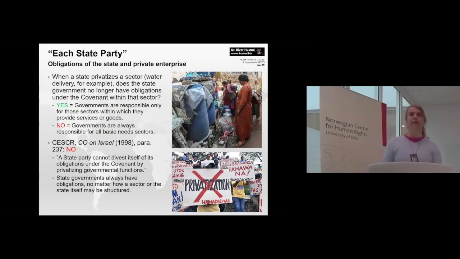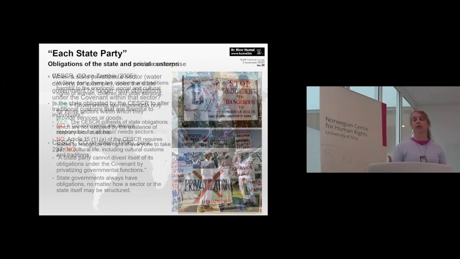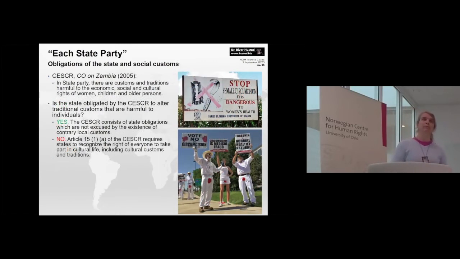So the entirety of the government, and they can never give away that obligation. They can't privatize the obligations. They can certainly privatize, but the obligation still exists to follow through as if those privatized organizations were still part of the government.